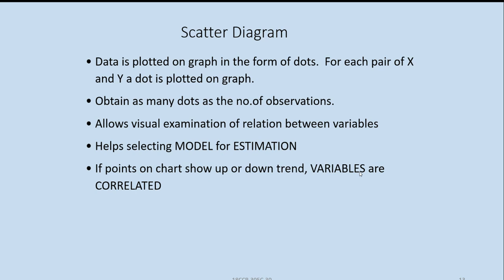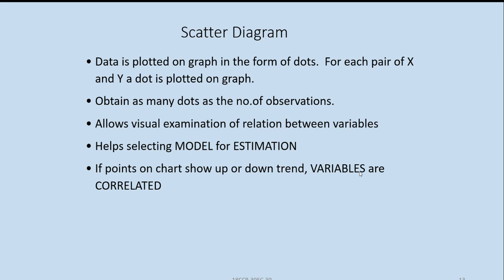And we can observe visually by seeing the graph paper, we can say that some relation is there, some relation is not there, because of the formation of the graph diagram by putting some dots on the graph paper. It helps in selecting a model for estimation. For estimating, a model will be prepared.